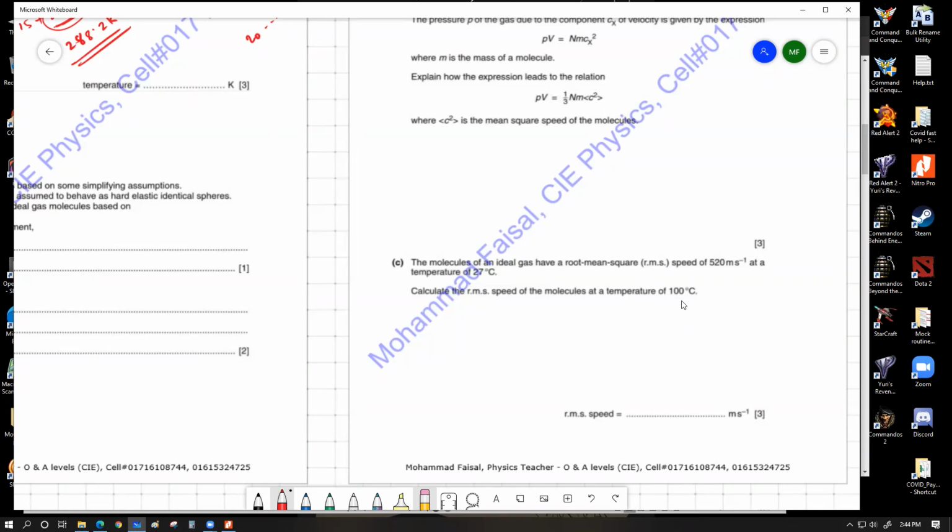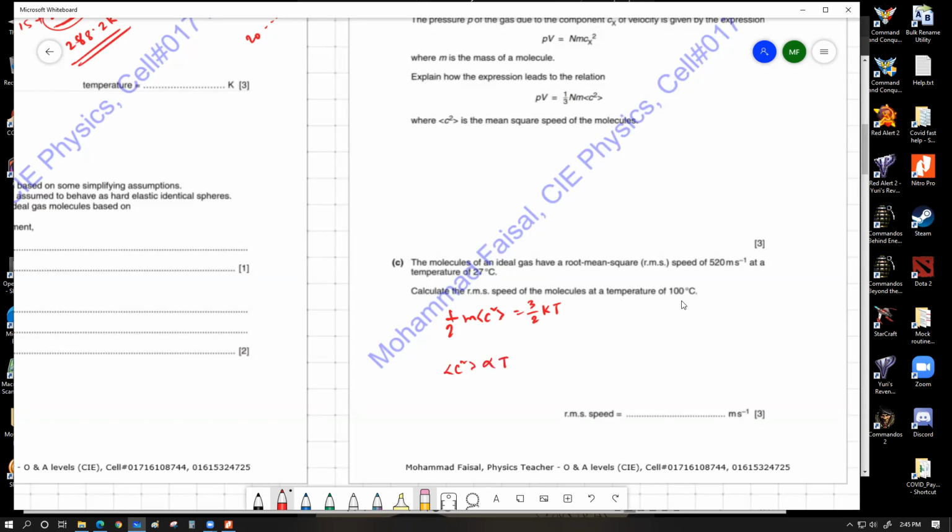First of all, half mc squared equals 3/2 kT, which brings us to c squared is proportional to Kelvin temperature.